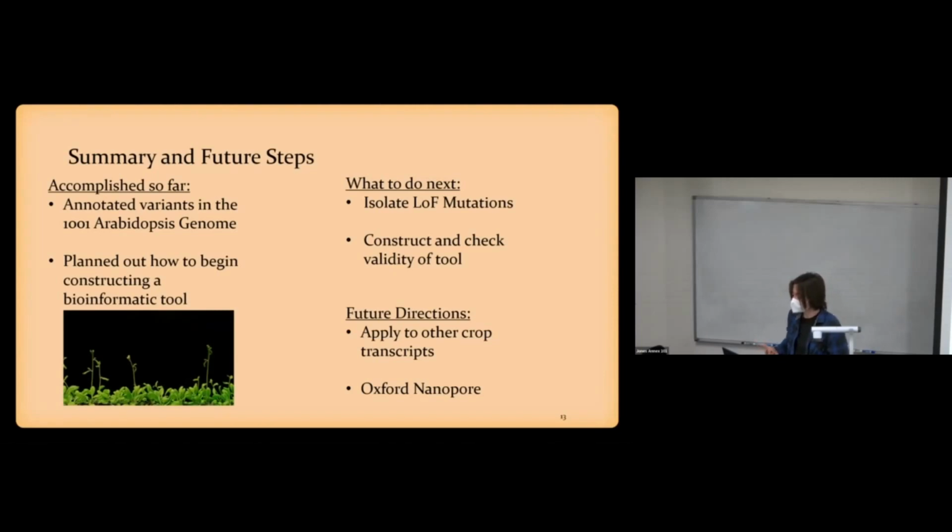Future directions: we can apply this to other crop transcripts, like maize, corn, and cotton's another big one. And then we have access to an Oxford Nanopore. So if we wanted to take this into the lab and test it ourselves with actual Arabidopsis, we can form cDNA libraries and see to what extent these loss of function mutations are being expressed in the lab.